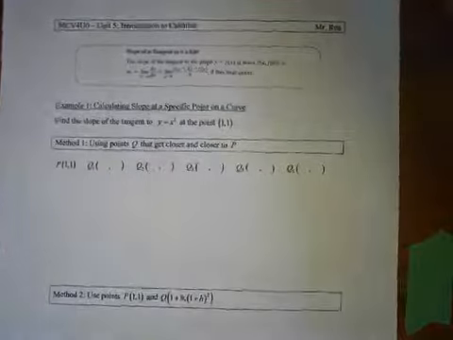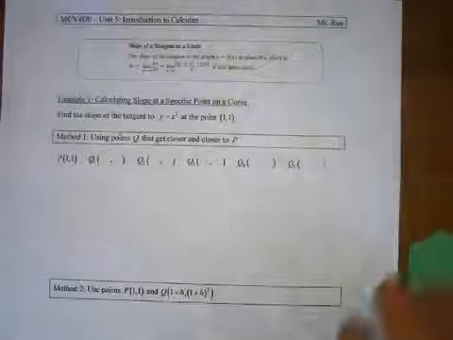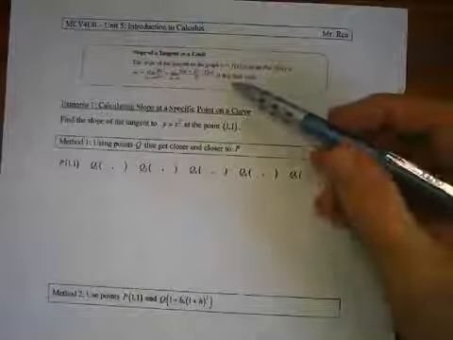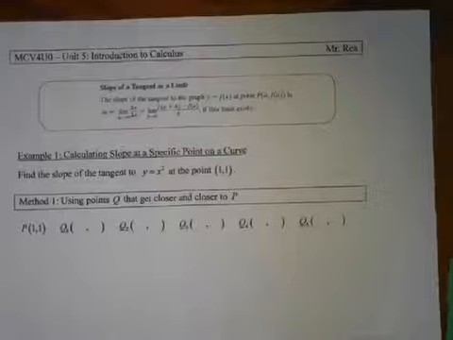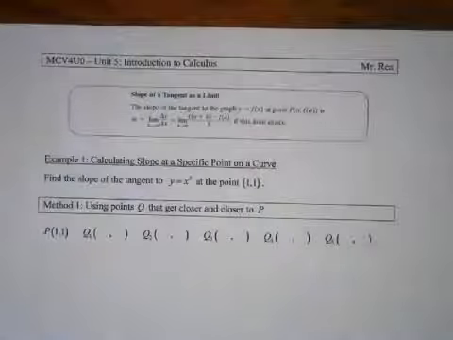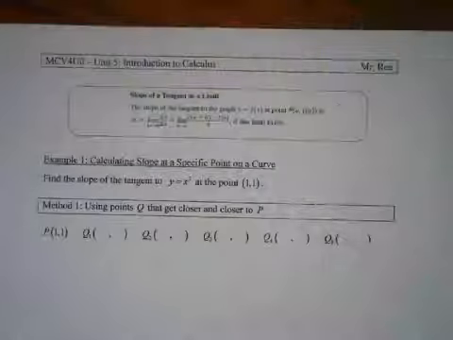I'm going to zoom back out. Okay, now up here we have it. Let me zoom back in a bit. So based on what we just said on the previous page about the slope of a tangent, that was all just words. So let's try to make it more mathematical.